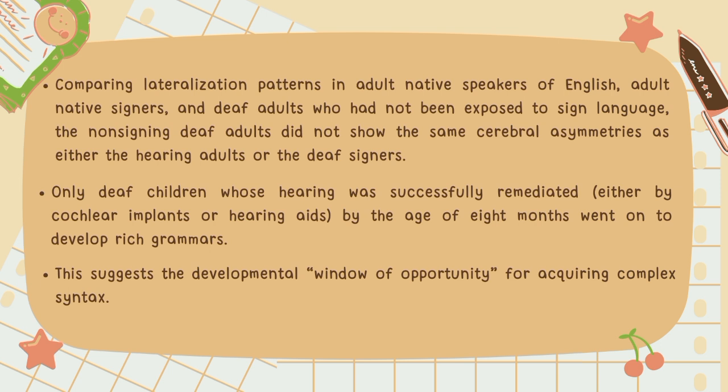This finding supports the idea of a critical developmental window for acquiring complex syntax. The term window of opportunity refers to a specific period in early childhood when the brain is particularly receptive to language input, making it easier to learn and develop complex grammatical structures. Missing this window can significantly impact language acquisition.